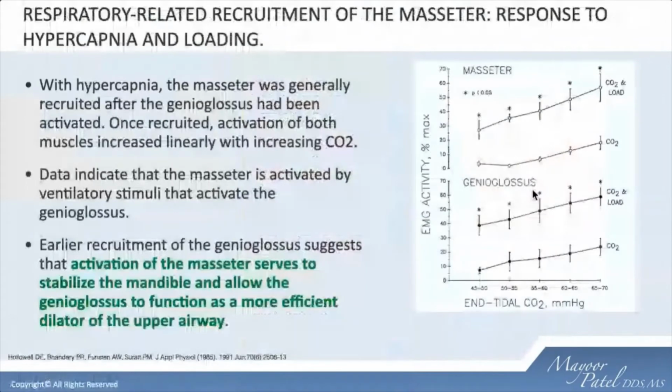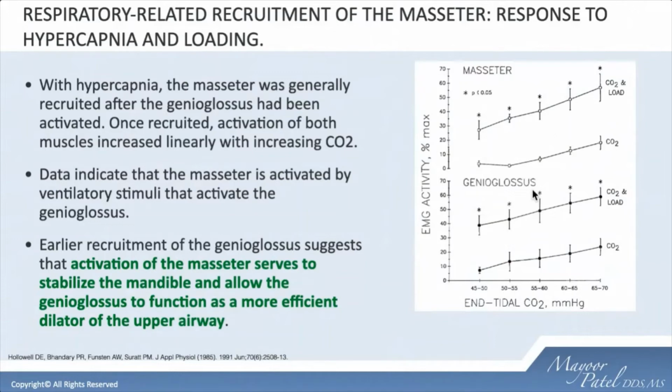But if we reverse for a minute and ask the question, why is there this force taking place? There are two papers that have looked at this. This paper right here basically induced a hypercapnic situation in healthy individuals. In other words, they increased CO2 levels, but they had electrodes placed on the masseter and the genioglossus muscle.